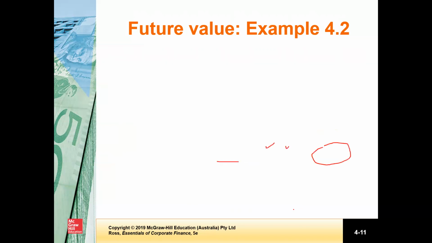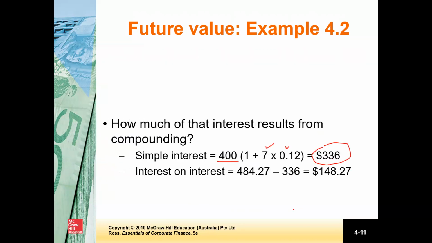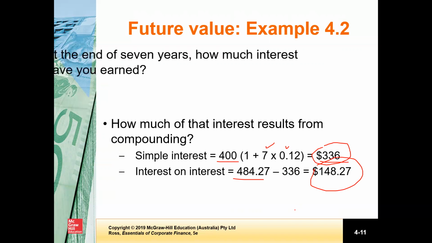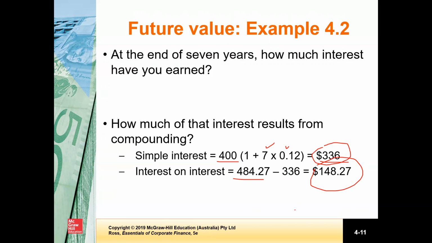Am I right? So you can see 336 is the simple interest. However, the total interest was 484, which means $184 was earned on interest. Okay, so this is how we can calculate how much we earn when we apply simple interest, how much we earn on the interest, and what is the total amount we earn when compound interest is considered.